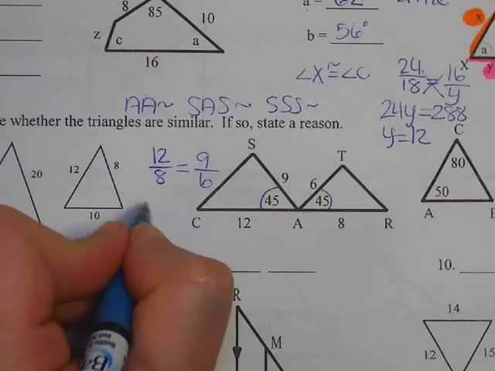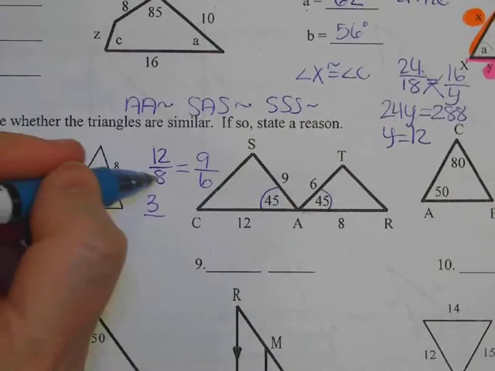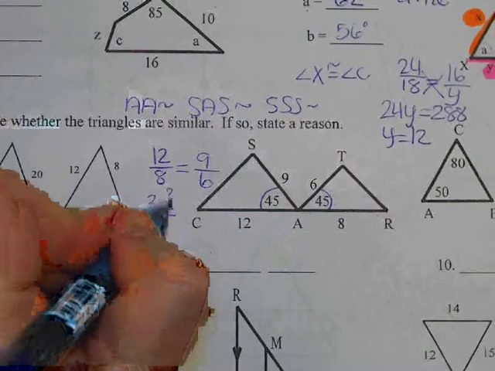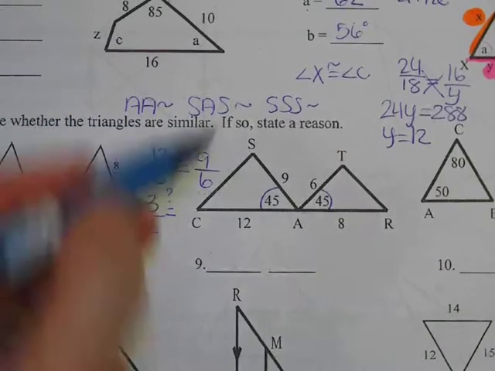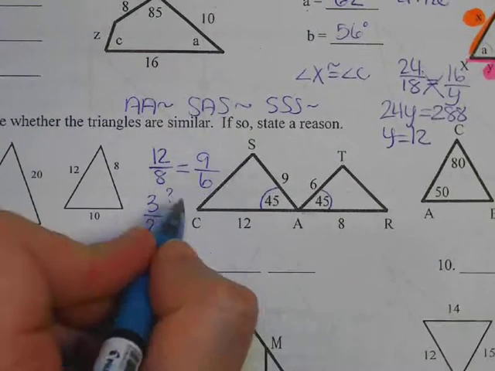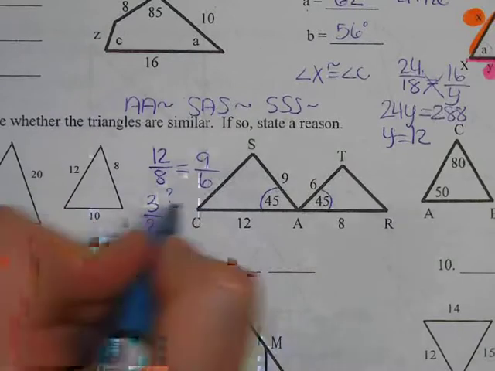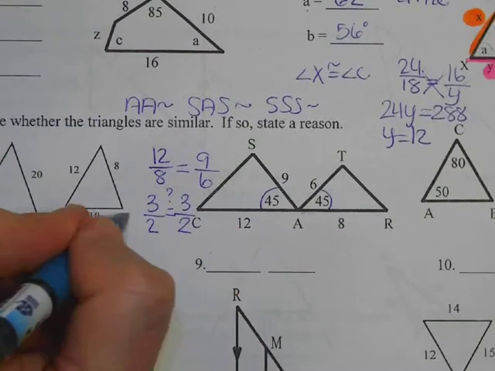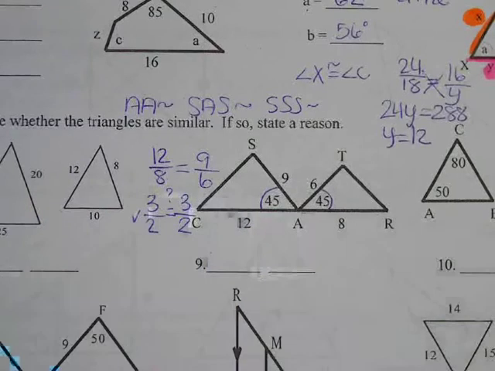So if I divide 12 by 4, that gives me 3. 8 divided by 4 gives me 2. And I want to see, is this equal to the reduced 9/6? 9 and 6 are both divisible by 3. 9 divided by 3 is 3. 6 divided by 3 is 2. When they're the same like that, it means your sides are proportional.